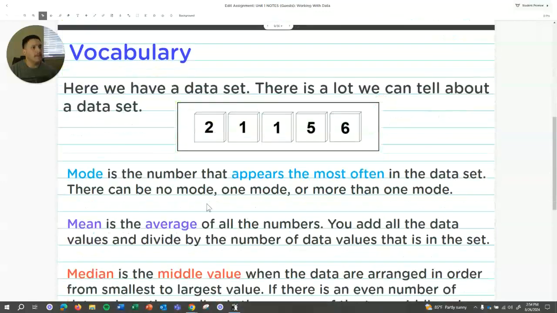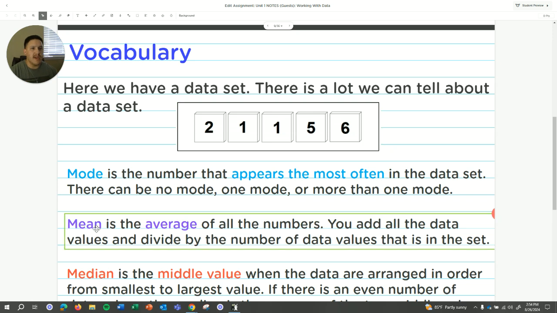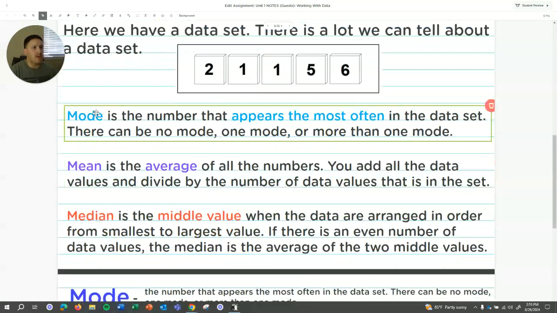Some vocabulary. Here we have a data set. There's a lot we can tell about this data set. This data set is just a group of numbers or things that we have to study. And some of the ways that we can study them is through mean, median, and mode. Mode is the number that appears the most often in the data set.